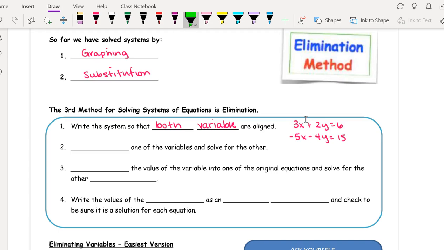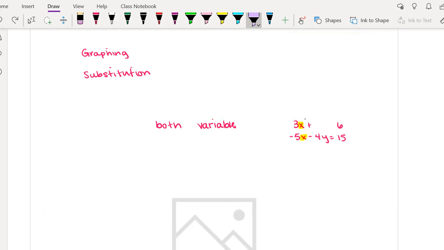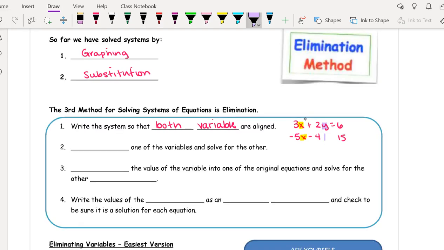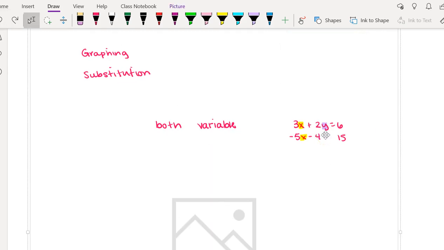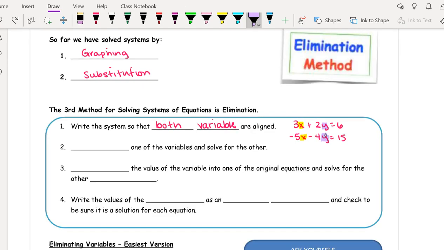Notice how I have my x's aligned, so they're lined up, and my y's are lined up. Okay, so that's the first goal.